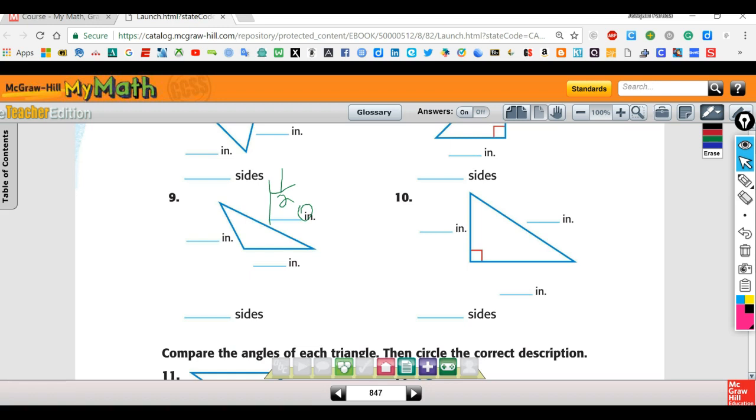Hey, how long is this side on the left? 1 inch. The one on the bottom? 1 inch. How long is number 10 on the left? That's 1. The bottom, this is 1 inch. The bottom is actually 1.5. Sorry about that.